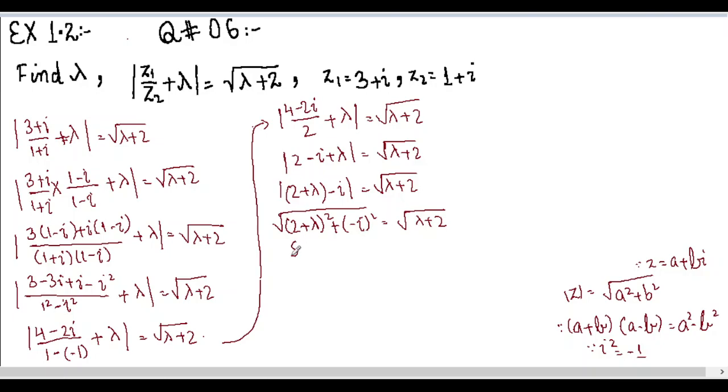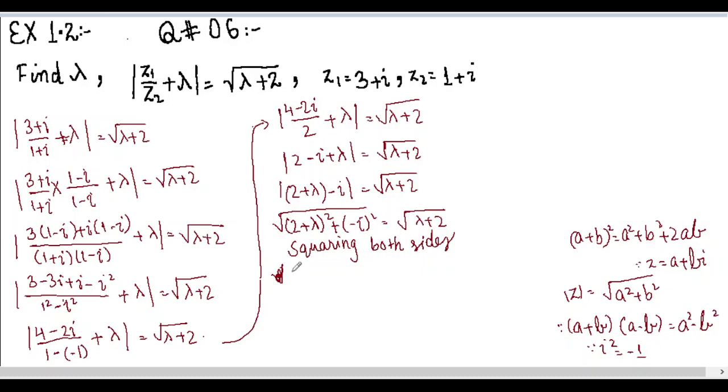Now squaring both sides, this square root is cancelled with the square of this. So 2 plus lambda whole square is a plus b whole square. I'm going to write this formula over here: a plus b whole square gives us a square plus b square plus 2ab.